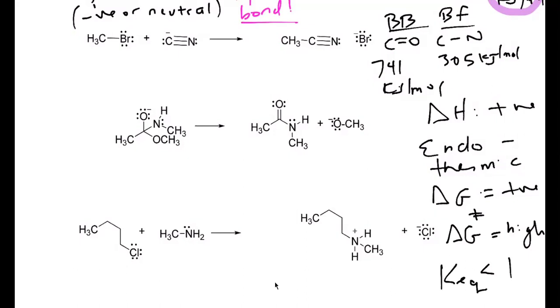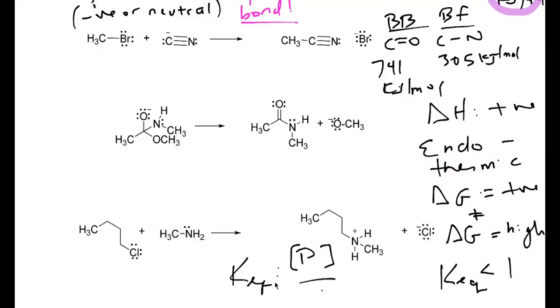I have a question. Go ahead. So why is KEQ less than 1 again? Because for a positive delta H or positive delta G, what that means is that you have more reactants left than products, right? So for KEQ, the equation is products over reactants.